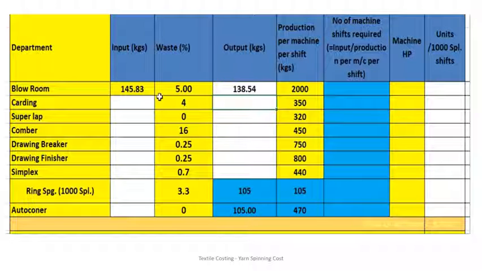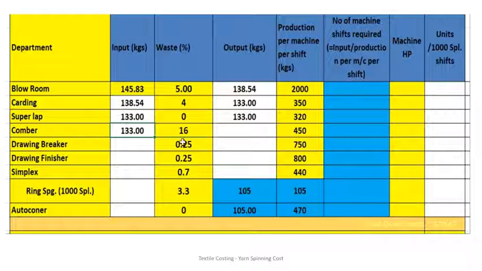145.83 minus 145.83 into 5 by 100, we get the output. Similarly, that is the input for the carding. Calculate the output for carding with 4% waste: 138.54 minus 4 by 100 into 138.54, we get 133. This is the input for superlap. Since it is 0, we get the same output.